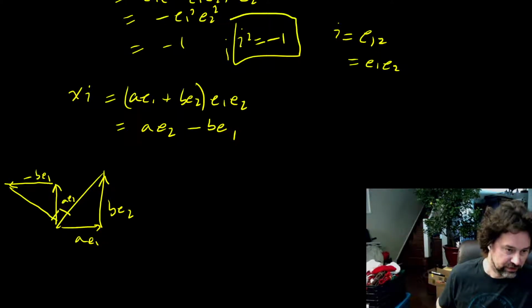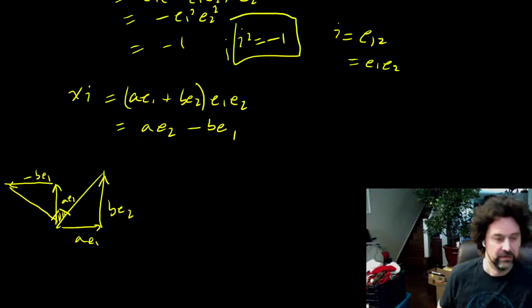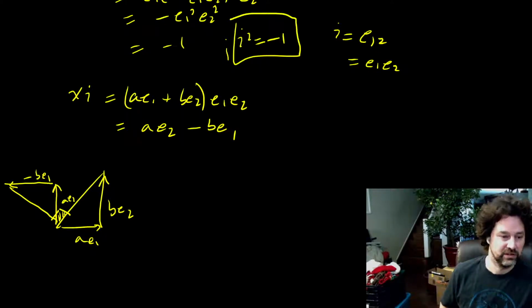You have a 90-degree rotation in the direction of E1 towards E2. That's what happens when we multiply on the right by E1 E2.